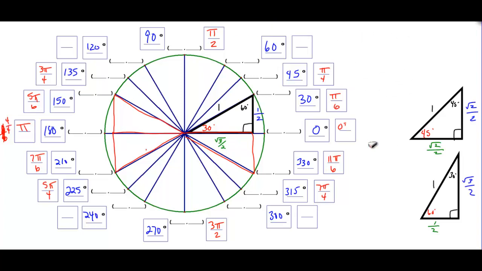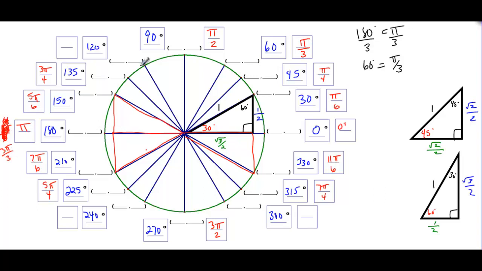So let's look at what happens now when I try to do the 60s. So if 180 degrees is equal to pi, what do I divide it by to get to 60? Well, if I divide by 3, I get 60 degrees, which means I have to divide this side by 3. So 60 degrees is the same thing as pi thirds, so pi over 3. That means all of them are going to be over 3. So again, since I'm dealing with over 3, pi is the same thing as 3 pi over 3.